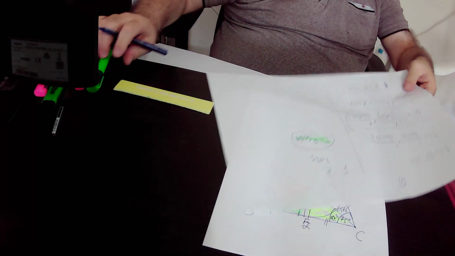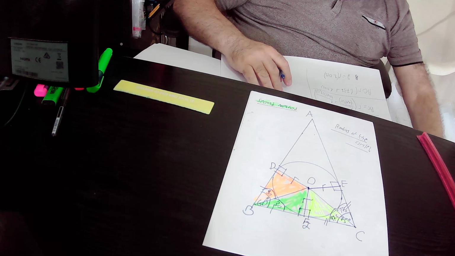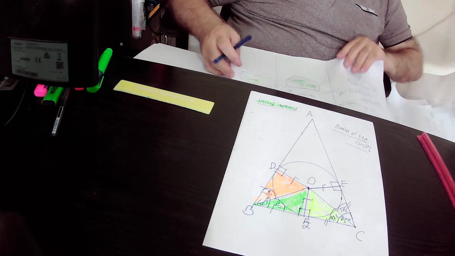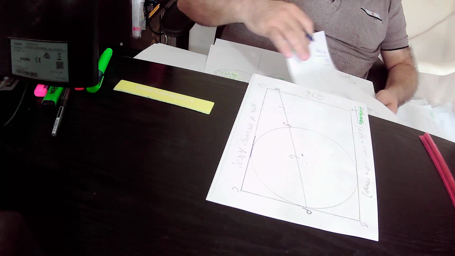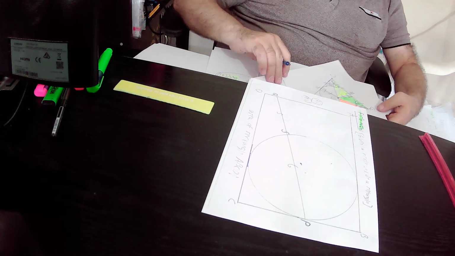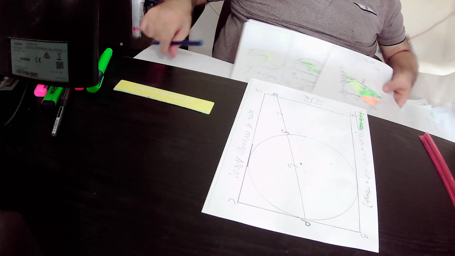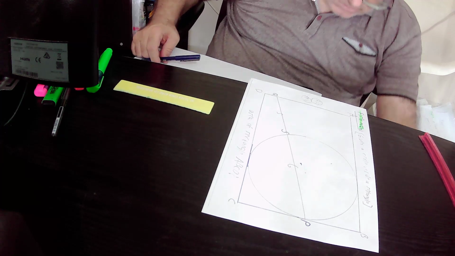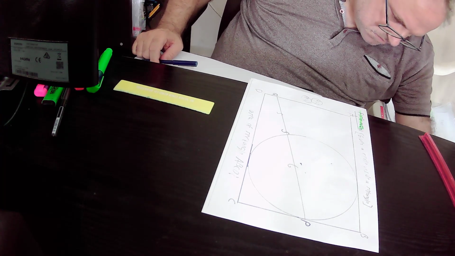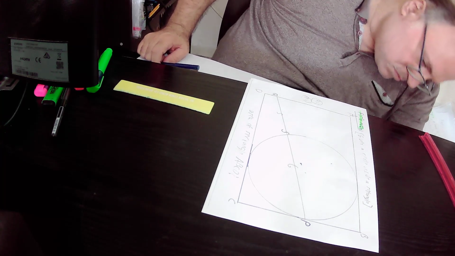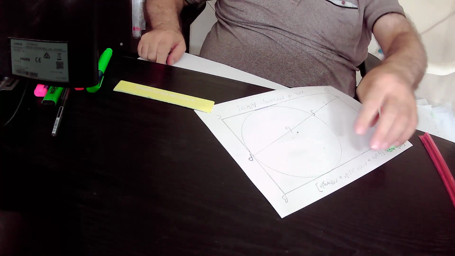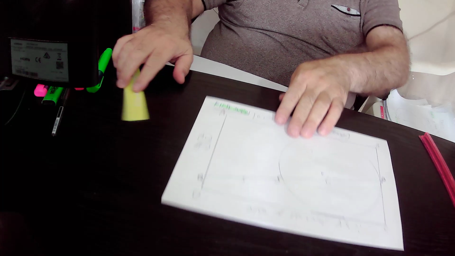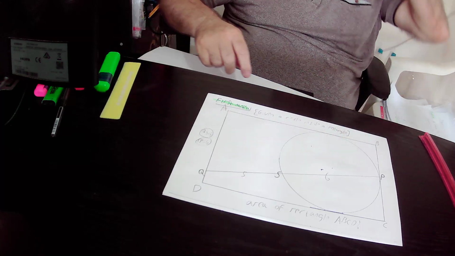In the next step, I present to you the second question, and we'll solve the second question in two different methods. In the drawing, we have rectangle ABCD.